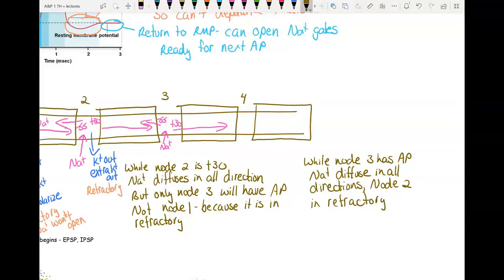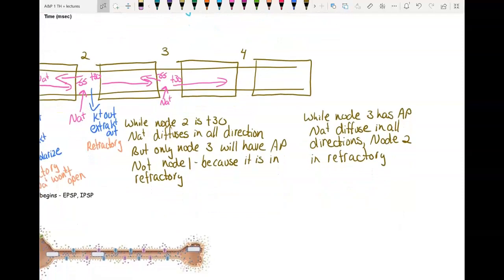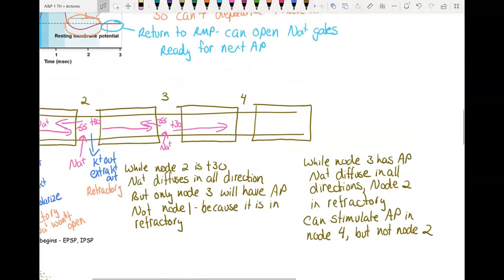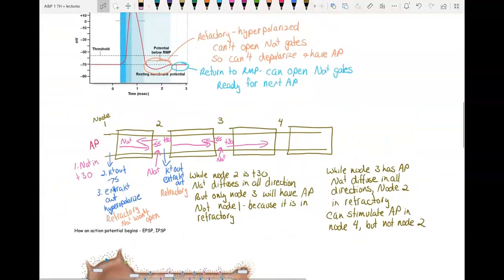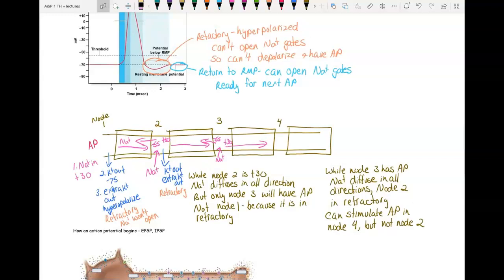So this means that the action potential in node 3 can stimulate node 4 to have an action potential, but not node 2. And this process continues down the whole length of the axon. And that's how you ensure that the action potential is moving in the right direction. So the action potential will only move this way.